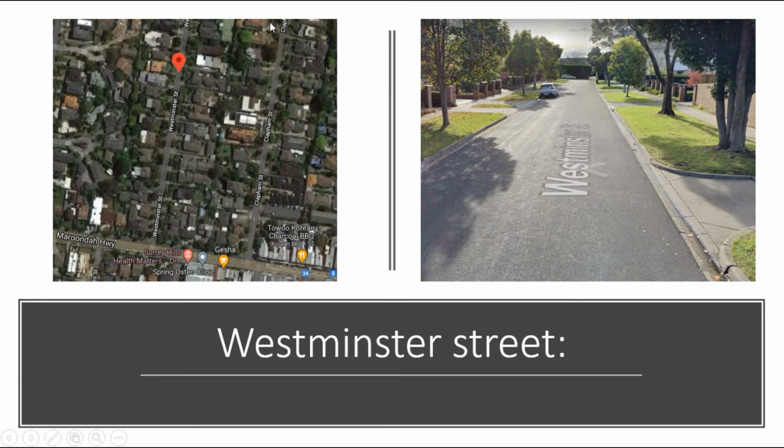There are streets near Westminster Street, such as Clement Street. The road width of that street is more than 7 meter. Westminster Street is more than 500 meter long, and the width from lip to lip is 6 meter.